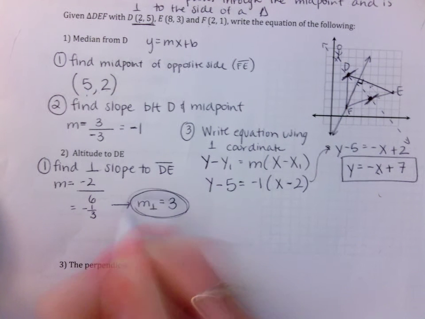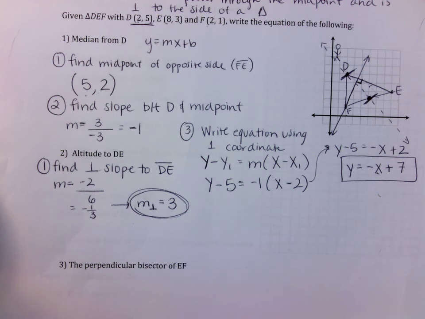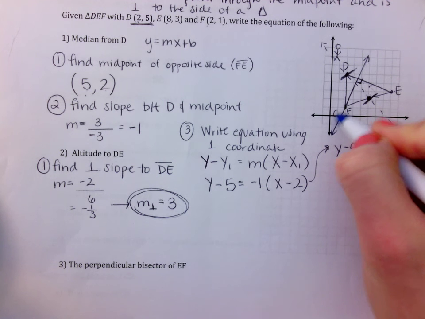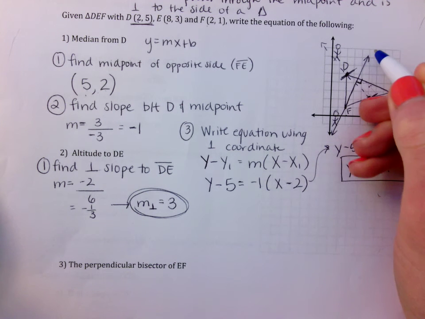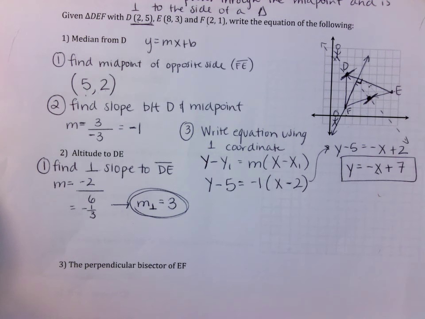So that's just review from last time when you were doing parallel and perpendicular slopes. Okay, so we know the slope of this altitude line is 3, and that makes sense because if we put a little guy down here on the left, he would be walking up a pretty steep slope, and it's positive.